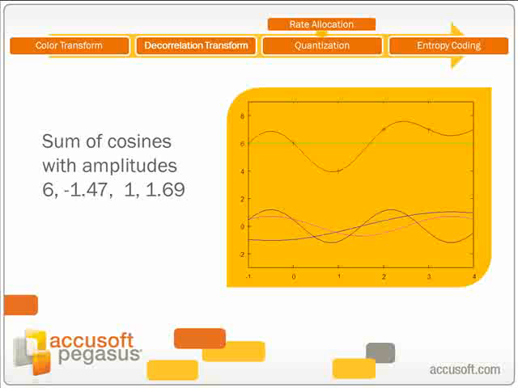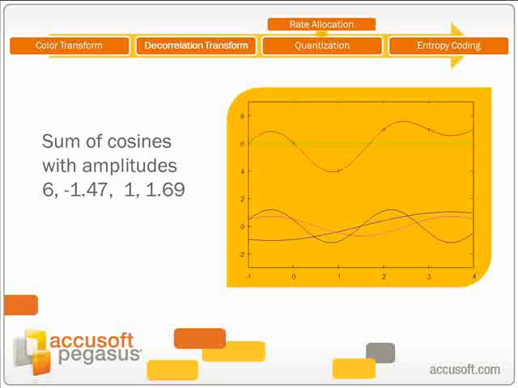Therefore, that coefficient is called the DC coefficient, which in electrical engineering stands for direct current. Respectively, all other coefficients are called AC coefficients. Of course, there are ways to compute those coefficients, but we don't want to discuss that here.